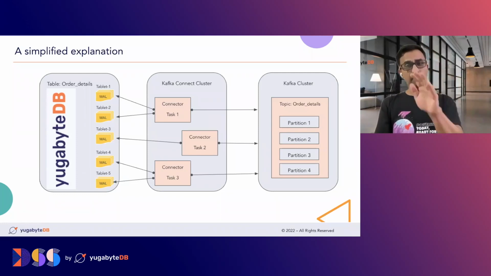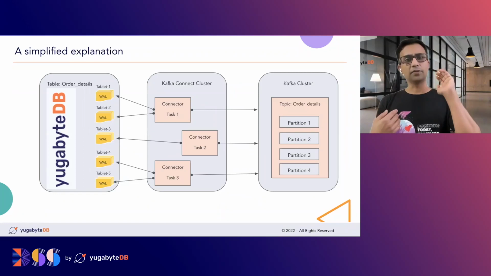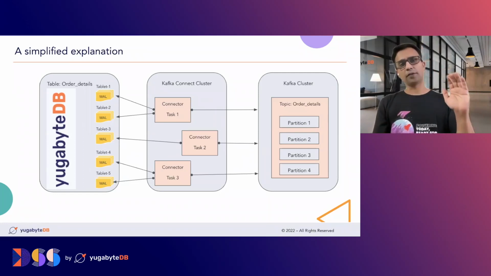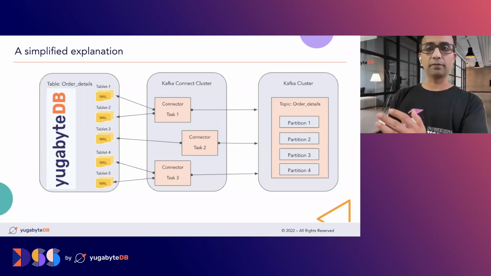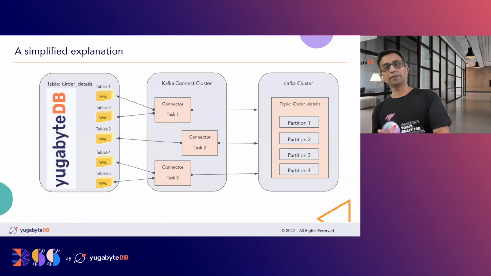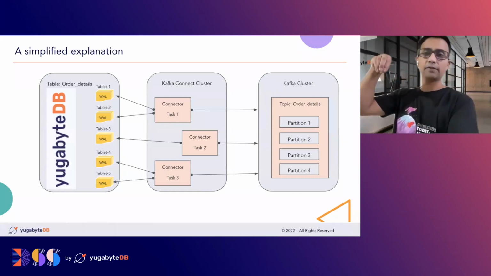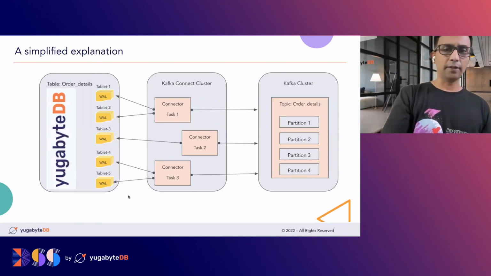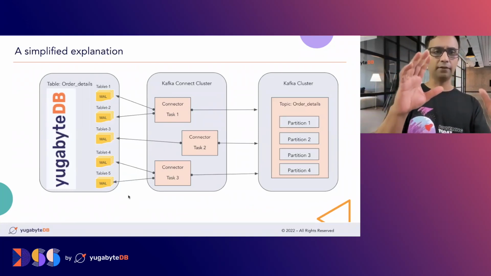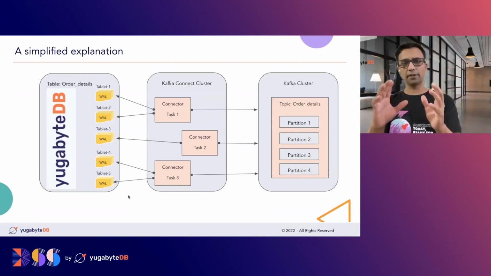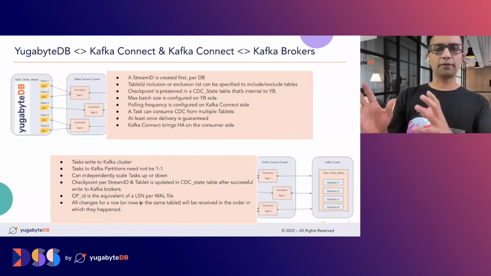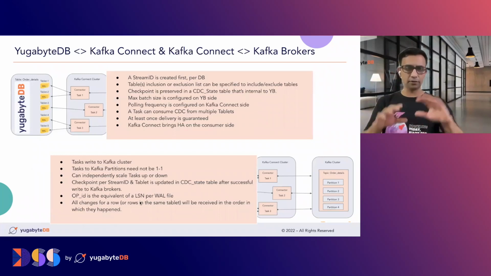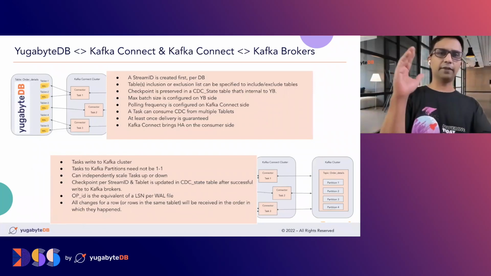You have the Kafka Connect cluster, which brings scalable consumers to consume change data, and then it writes to the Kafka cluster, which happens to be the first point of sink, where there is a Kafka topic with a bunch of partitions. So you have Yugabyte to Kafka Connect, and then Kafka Connect to the Kafka cluster. Splitting this into two different views, let's look at the first half.